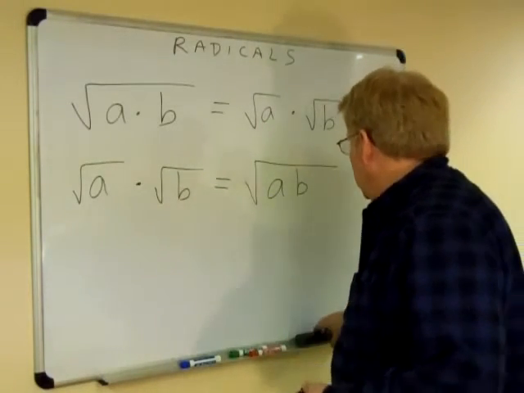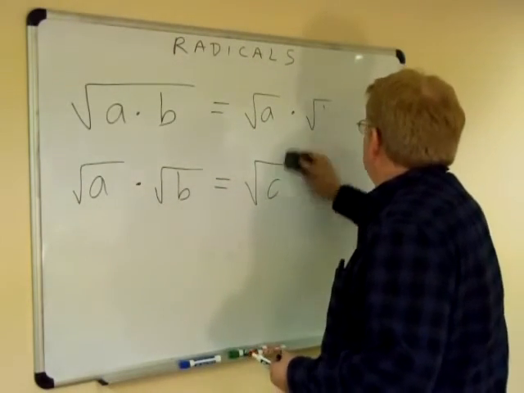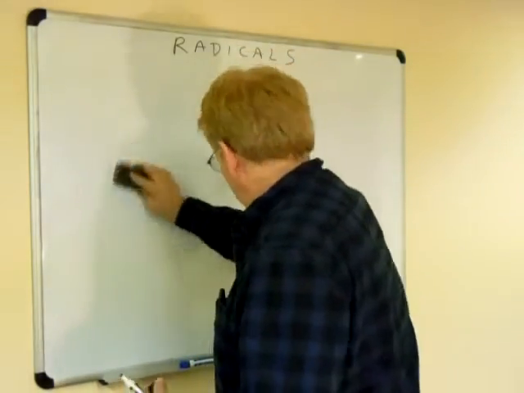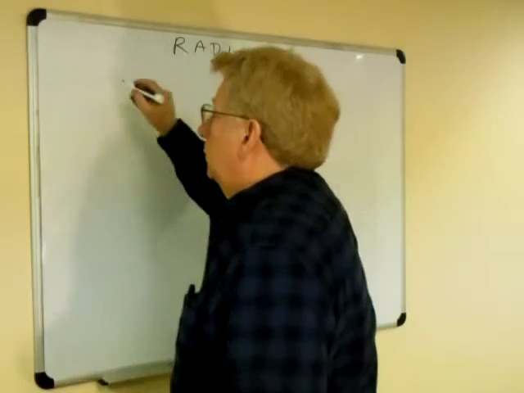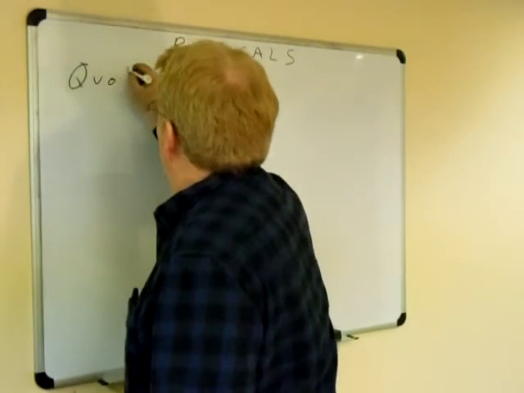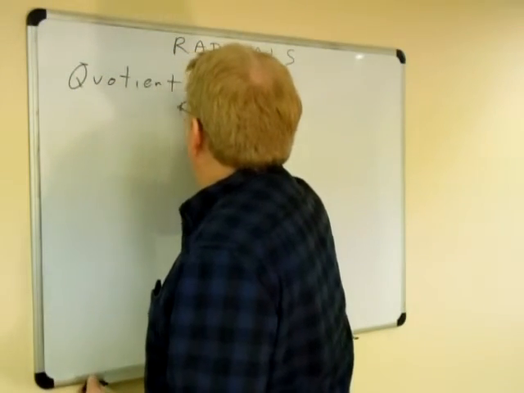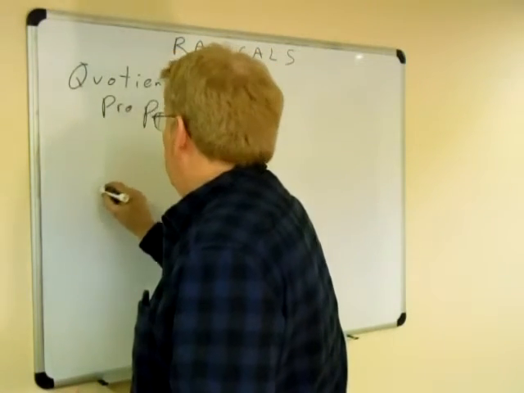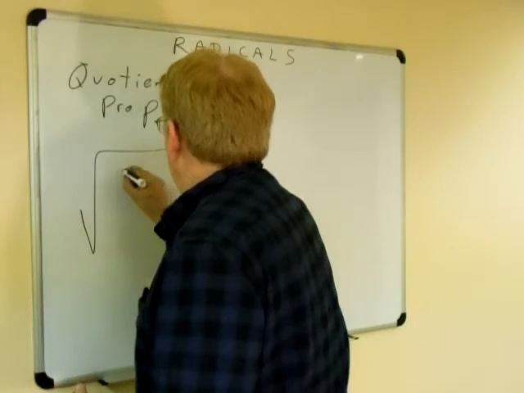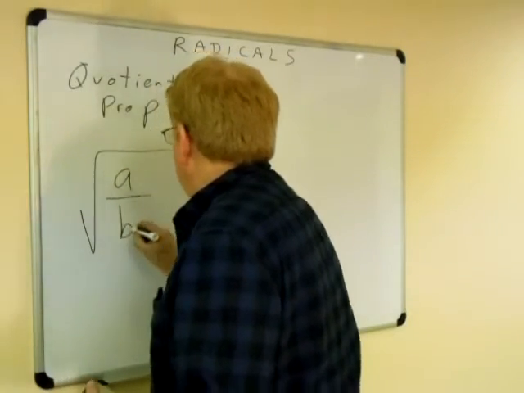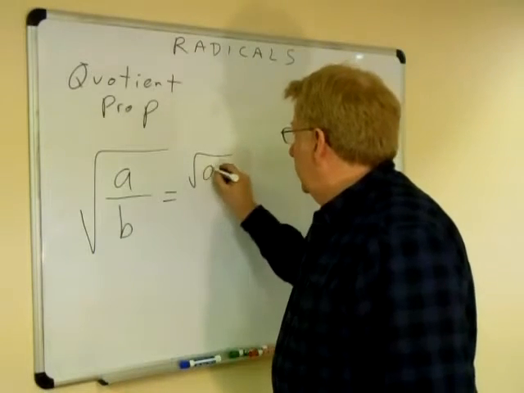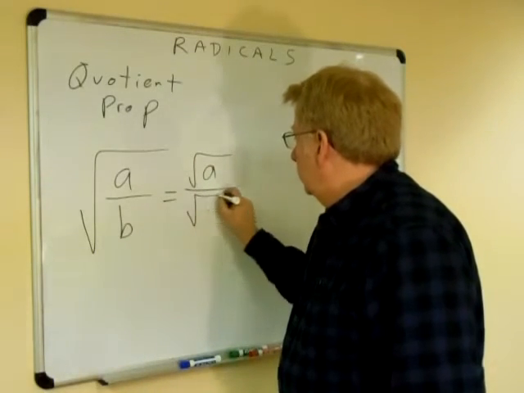Now let's talk about the quotient property. The quotient property would be something like the square root of a over b is the same thing as the square root of a over the square root of b.